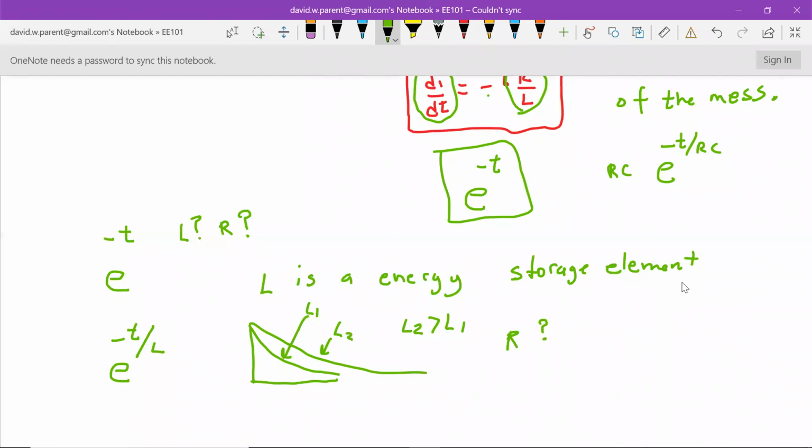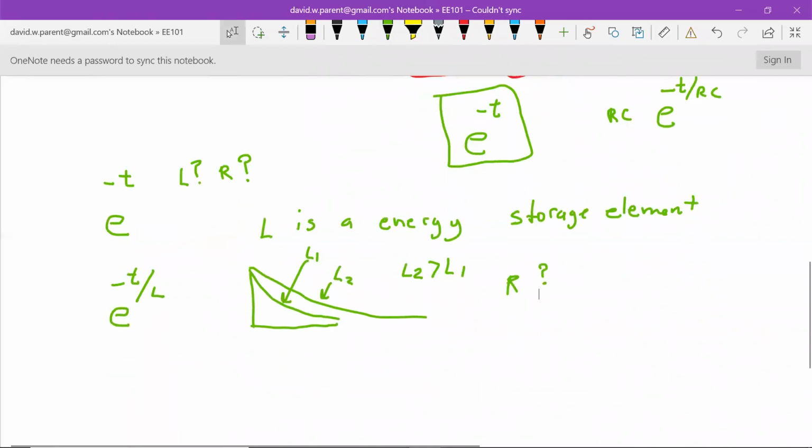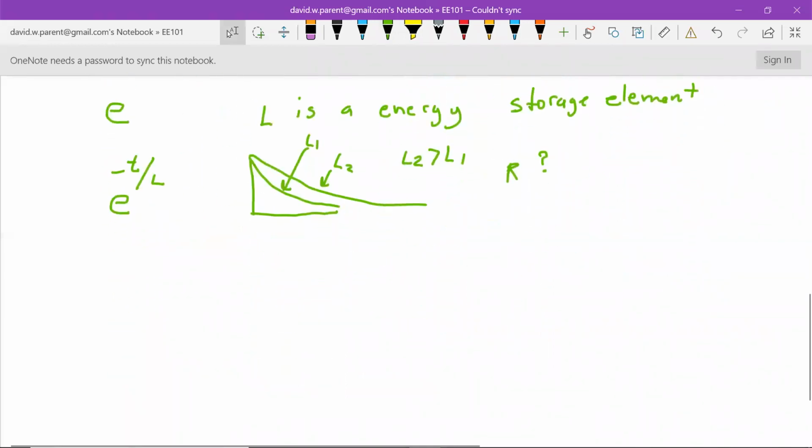But the RL circuit is in fact different, and it has to do with the fact that we're dealing with something that's moving, right? So if I have something moving, the bigger the brake, the faster it will decelerate, right? So that would mean that R would be here.